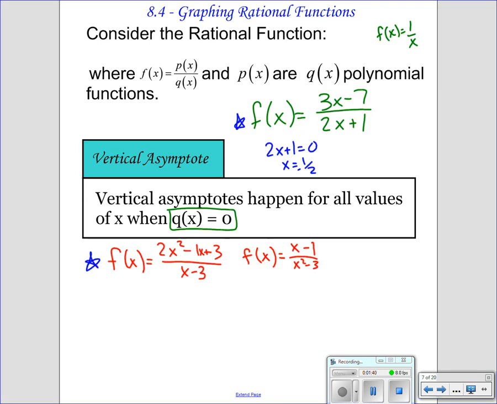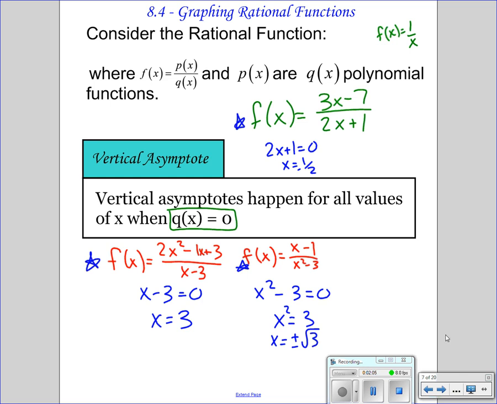For this example, it would be when x minus 3 equals 0, so your asymptote is x equals 3. For this example, it would be when x squared minus 3 equals 0, so x squared equals 3, or x is positive or negative root 3. So that's how you find your vertical asymptote.